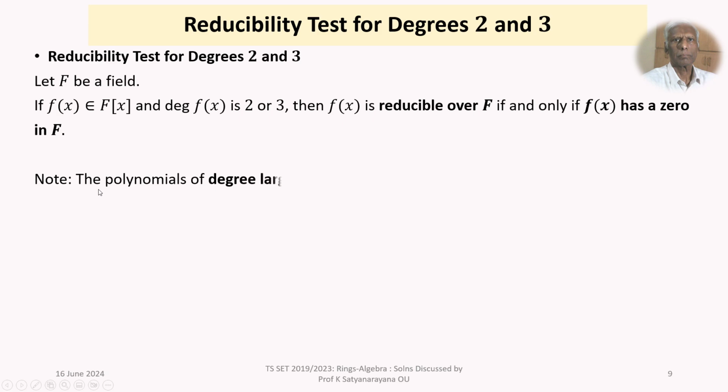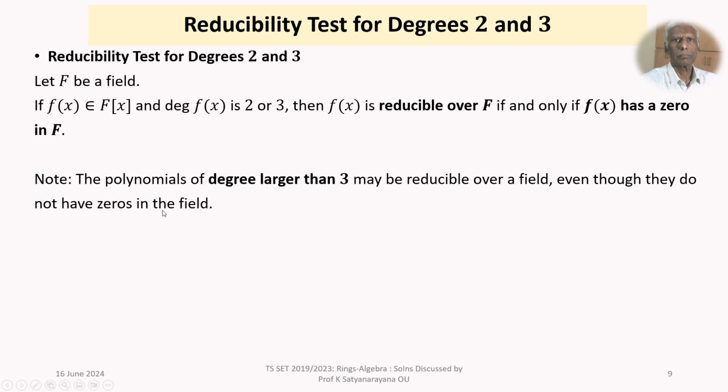Note, for polynomials of degree greater than 3, that means greater than or equal to 4, they may be reducible over the field F even though they do not have zeros in the field.